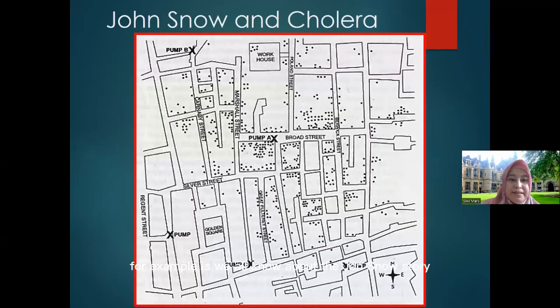For example, we all know about the John Snow story and cholera in London. John Snow is the father of epidemiology, and when the cholera outbreak happened in London, people tried to find out the etiology of this disease. So this is the first remarkable work of John Snow.